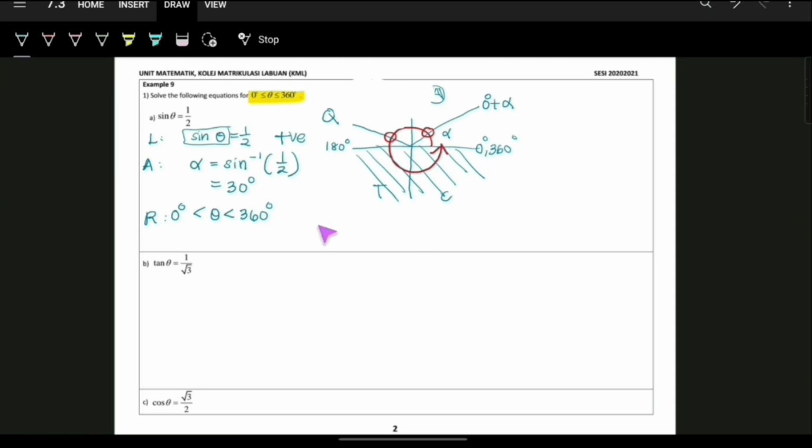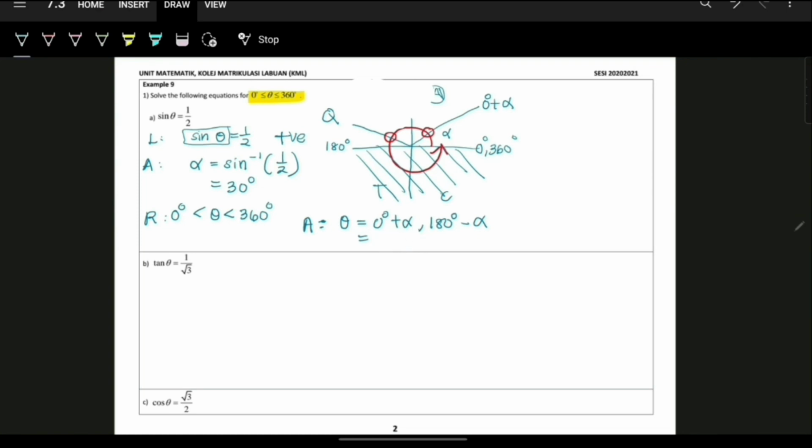Okay, so lastly, your answer is theta is equal to, for the first part, 0 plus alpha. You can skip this step once you master it. And the second quadrant is 180 minus alpha, where your alpha is 30.